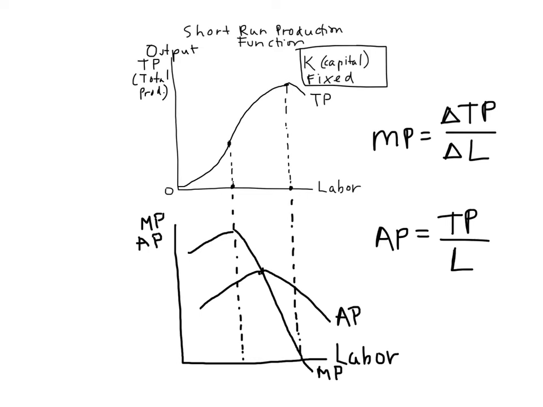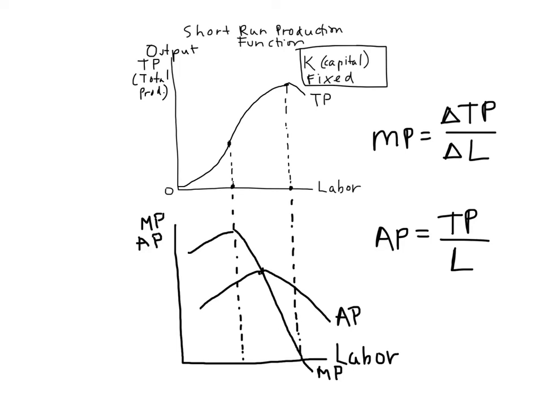Now the last thing I'd like to use this graph to do is to show you the relationship between marginal and average product. Now notice that as long as the marginal product, I'm going to just highlight this area here, is above the average product, the average product is consistently rising.